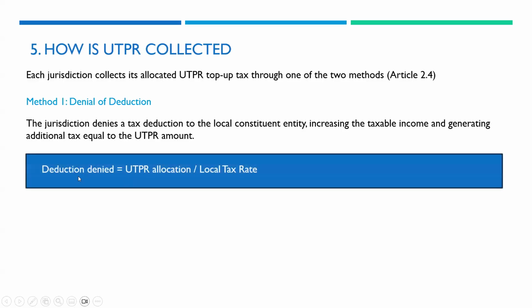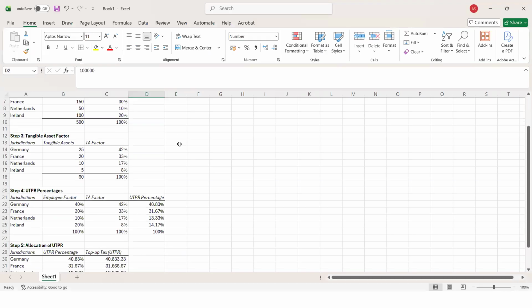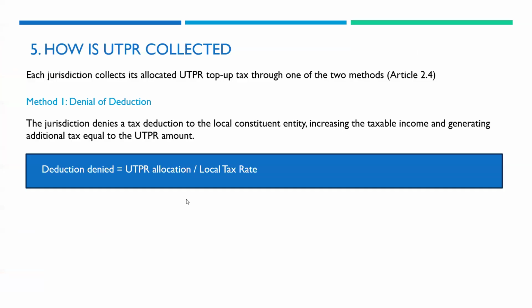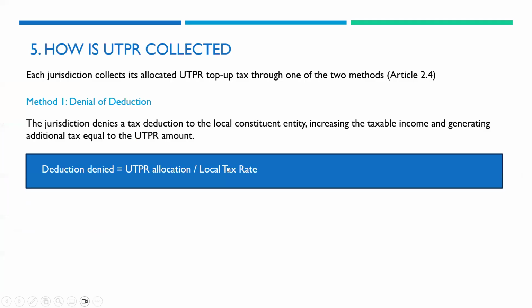Now, how do you calculate it? It is just the UTPR allocation. So this is their tax, right? End of the day, this is untaxed, this is tax. So this tax divided by the local rate of each country would give you the amount which has to be deducted from their tax returns. Did you understand what they're doing?